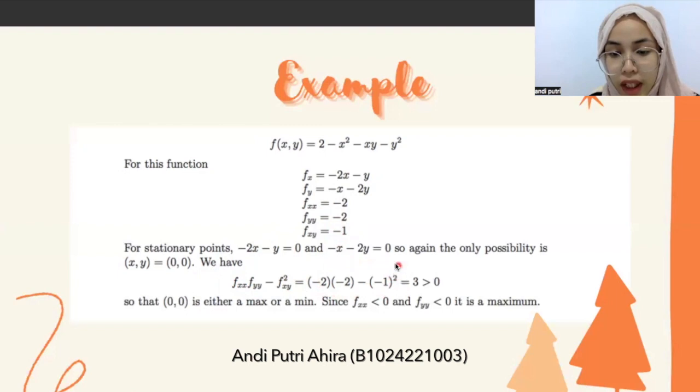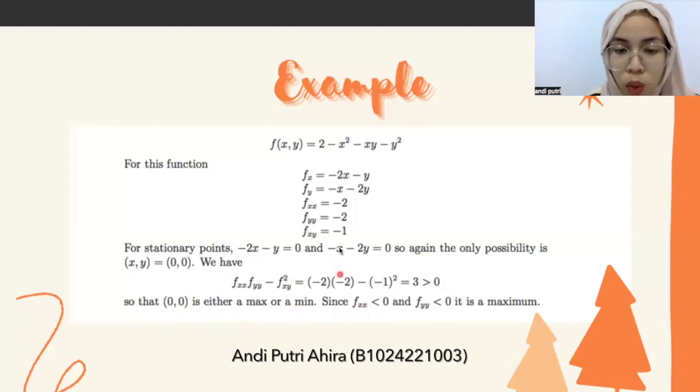And the result is 3. So this is basically D of a, b, which applies to the second rule of the D-test. So D of a, b equals 3, which is bigger than 0.